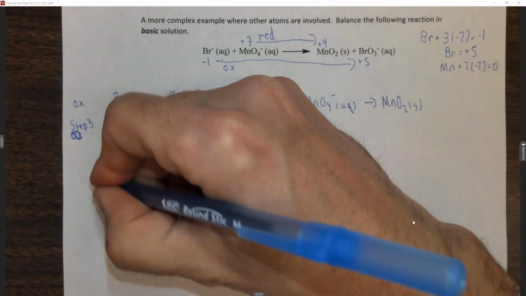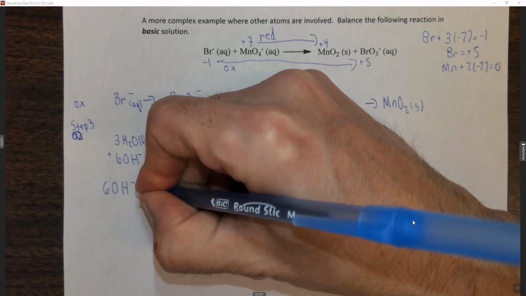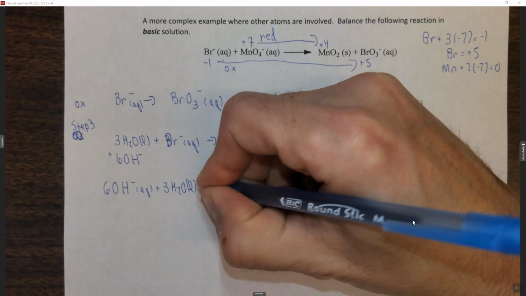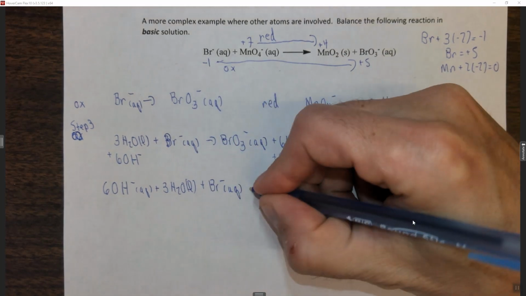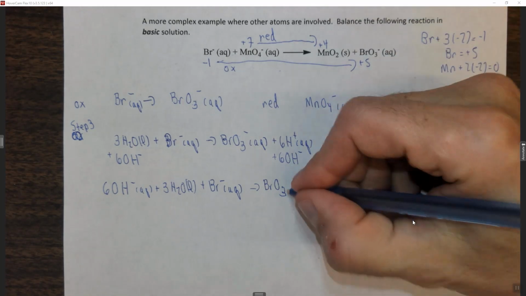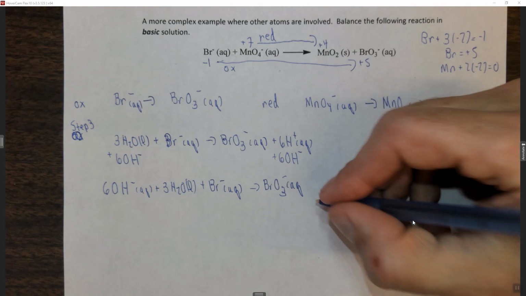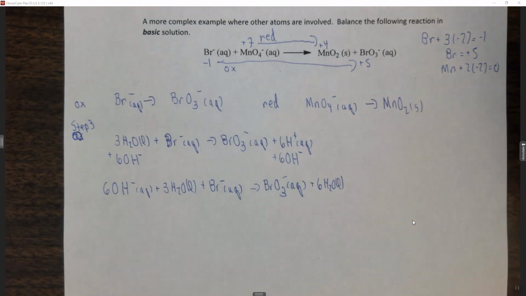And what we're going to end up with is 6 OH⁻ aqueous plus 3H2O liquid plus Br⁻ aqueous yields BrO3⁻ aqueous, and then the 6 H+ and the 6 OH⁻ make 6H2O liquid.